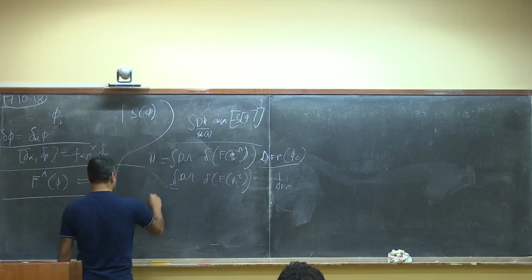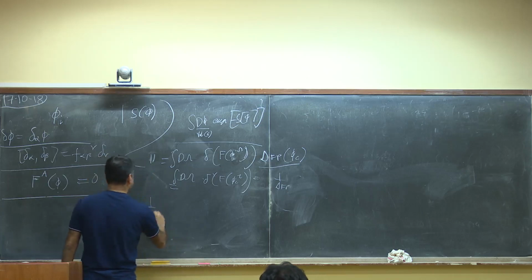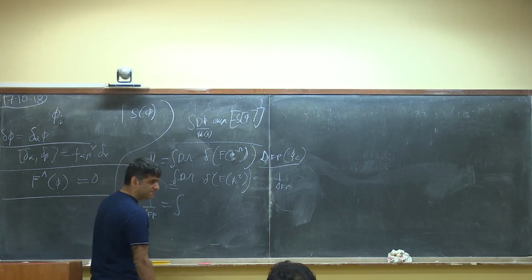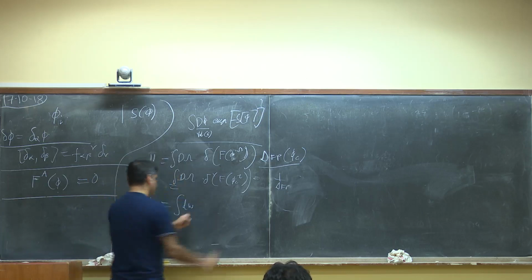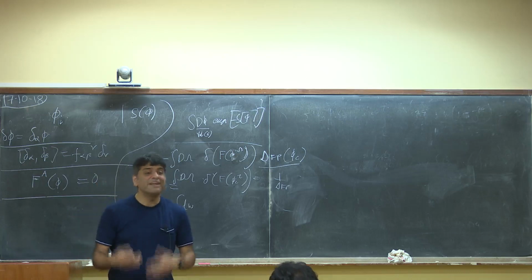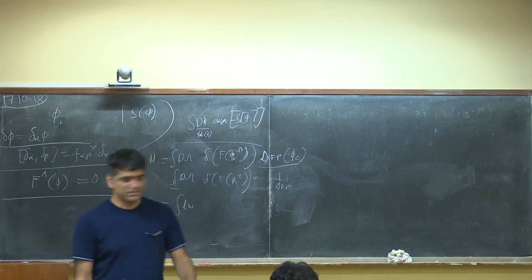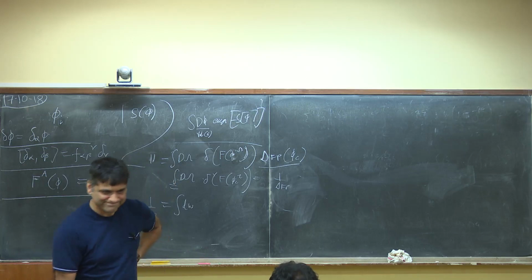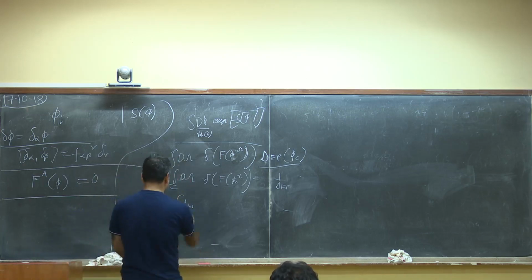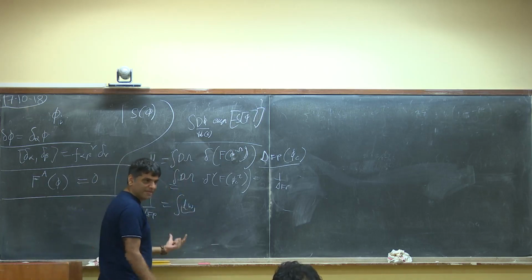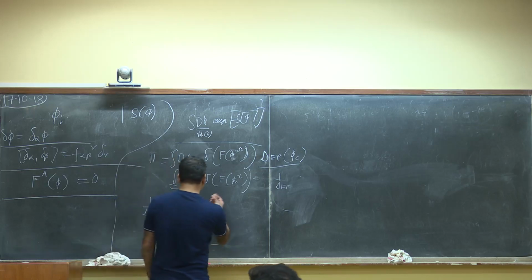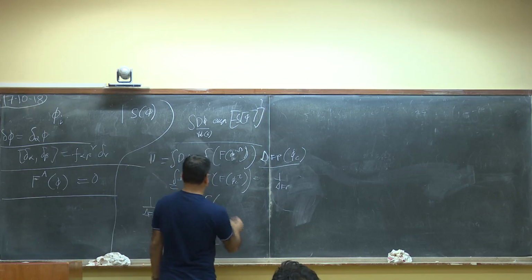So we get 1 by delta fp is equal to the integral d omega, where little omega indicates infinitesimal gauge transformations. However many there are, infinitesimal gauge transformations, then delta of, now what?